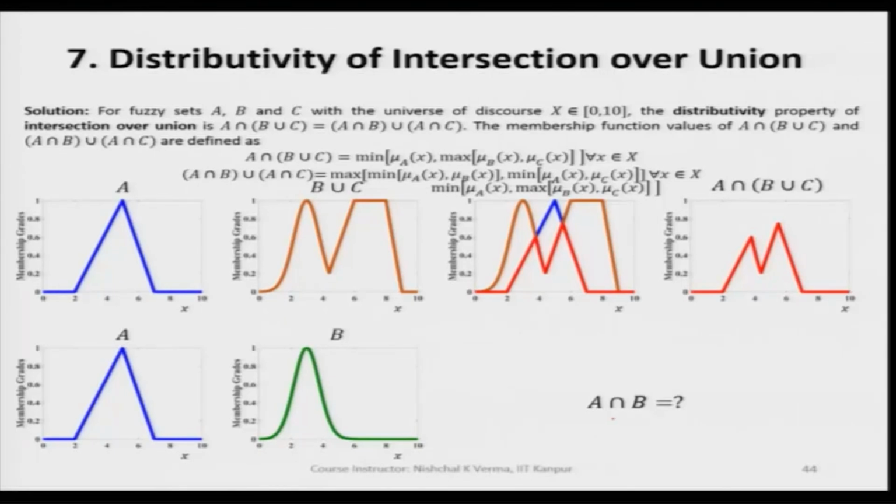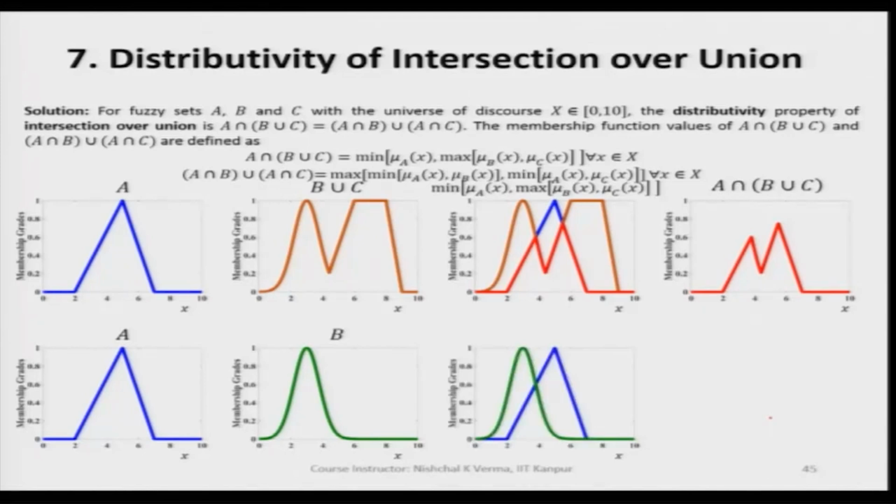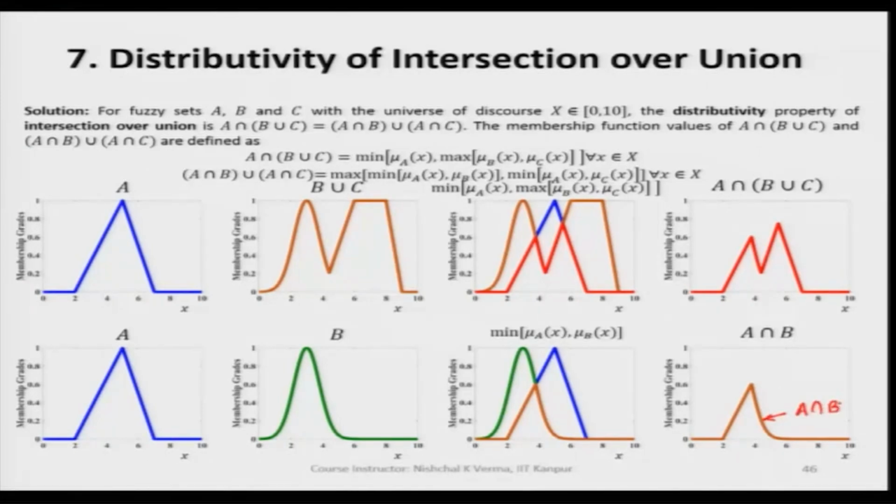So, let us now try to find the A intersection B. Again we take fuzzy set A and fuzzy set B, and we first overlap these two fuzzy sets, and since we are taking the intersection, we have to apply the min criteria. So, when we apply min criteria, we get a subnormal fuzzy set, and this is A intersection B.